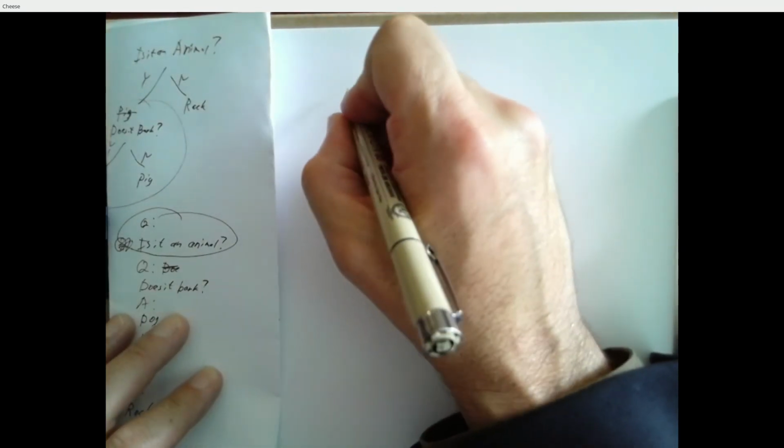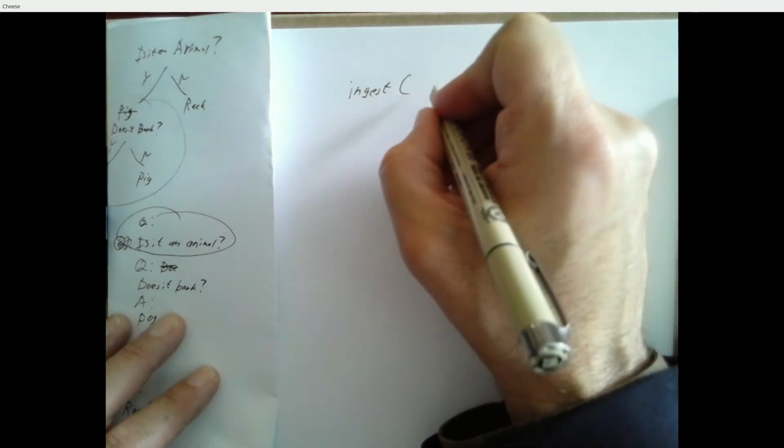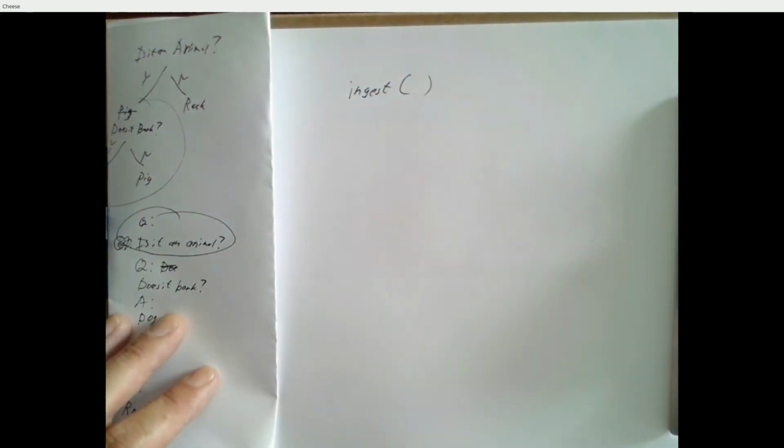So let's do something a little pseudocode-ish. Let's make something called ingest. You could pass it a scanner if you want, or you can make the scanner global or something.